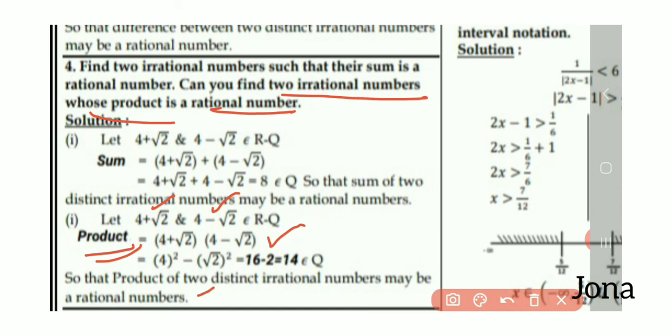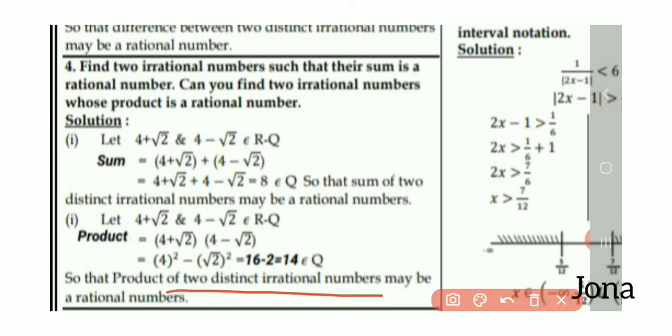It's in the form of a plus b into a minus b, so a square minus b square. Here 4 square minus root 2 square. While squaring those numbers, I got 16 minus 2, that is 14. So it belongs to q. So I can conclude here the product of two distinct irrational numbers may be a rational number.